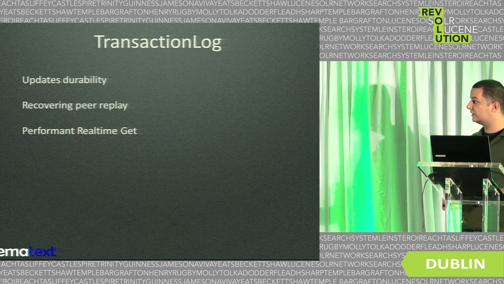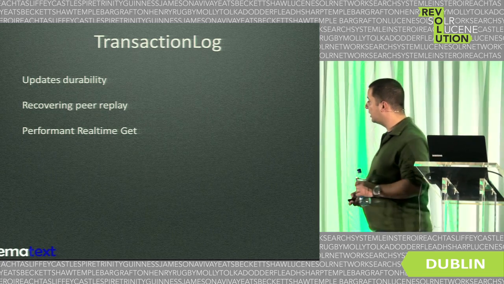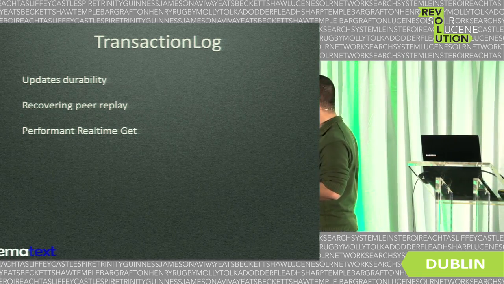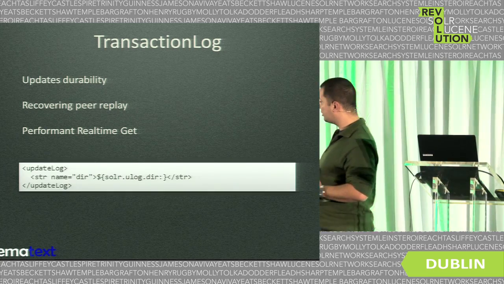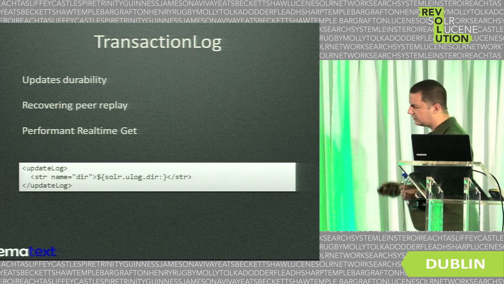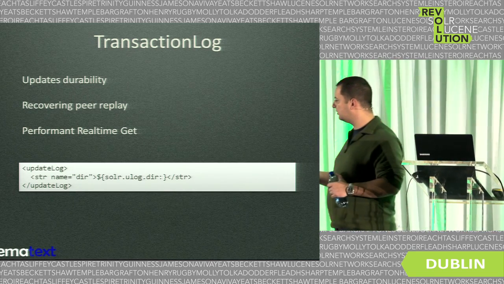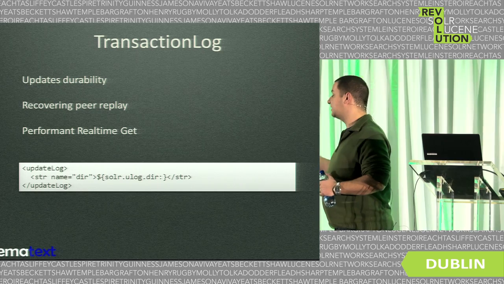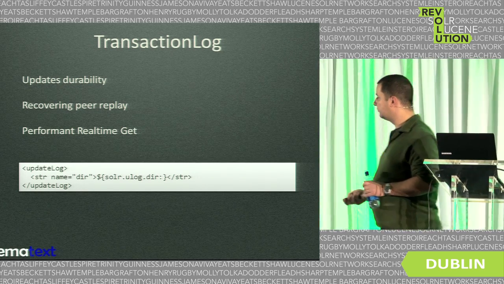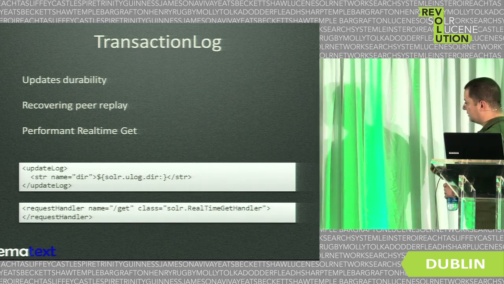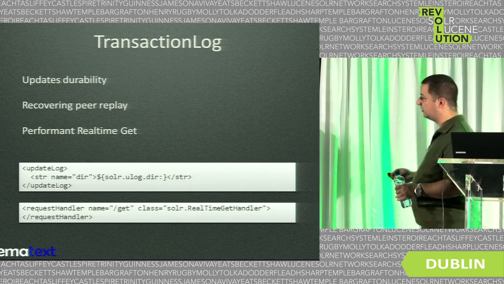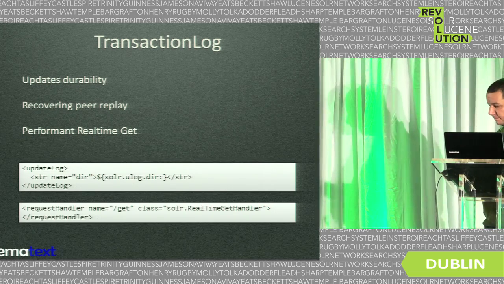And of course, it allows us to use a performant real-time get to get the documents that were not yet indexed and were only written in the transaction log. We can configure the transaction log by specifying the update log property. It exists by default in the Solr config provided with Solr from 4.0, and of course the real-time get handler, with which you can get documents from the transaction log.